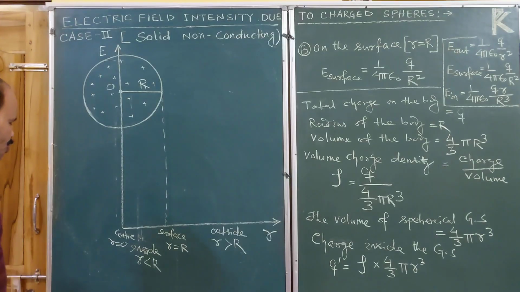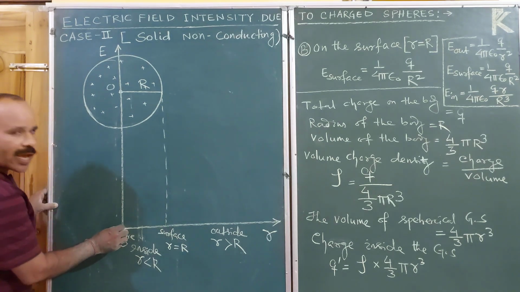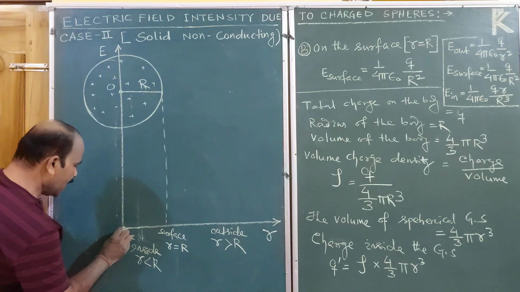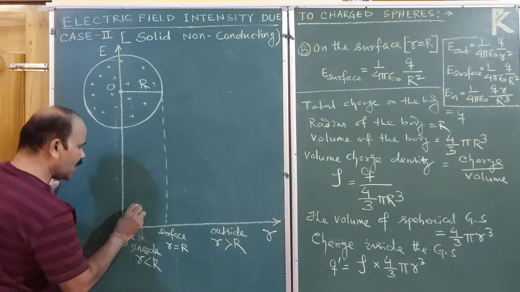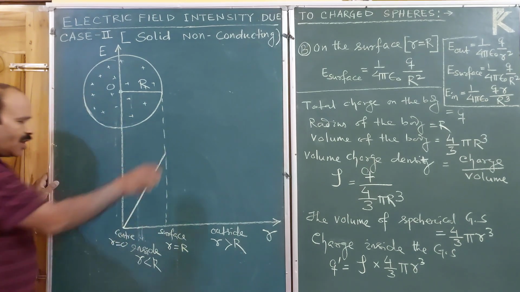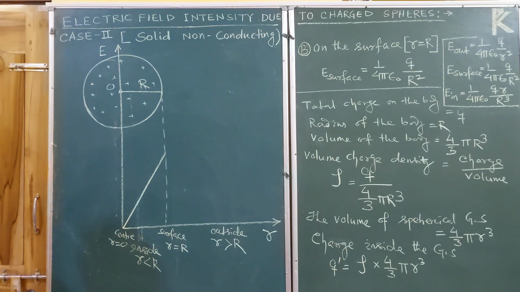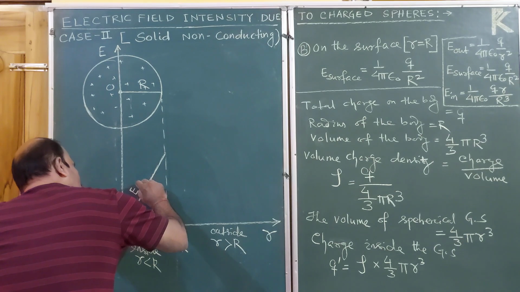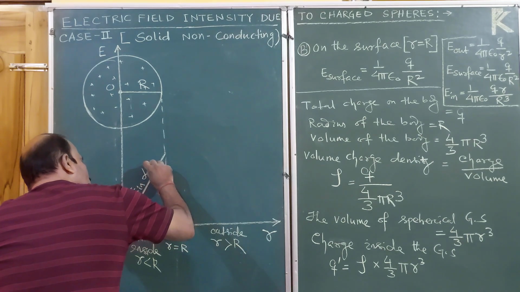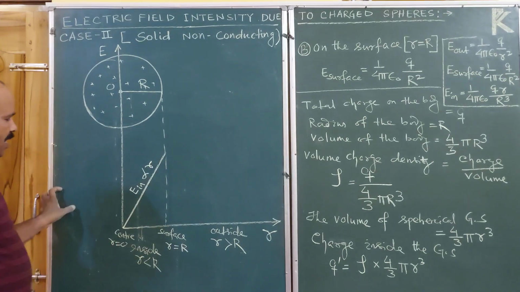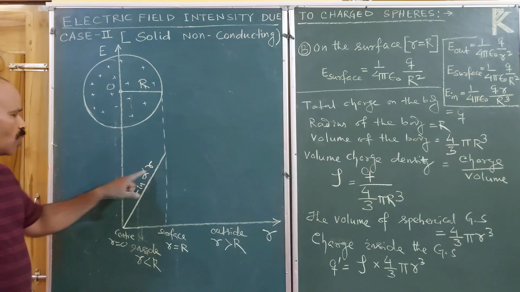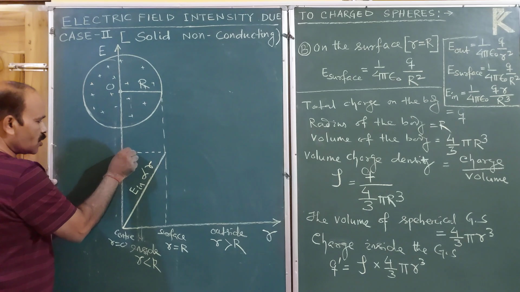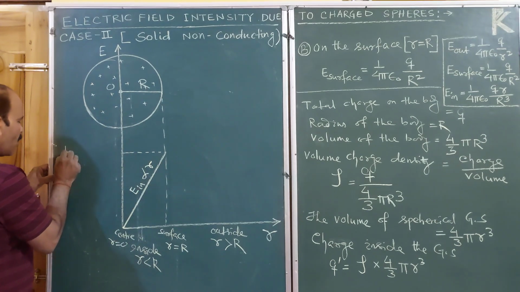Now you can watch. So center में 0 है, E center 0, and it increases linearly up to surface. So E inside is directly proportional to r. Very interesting case. And just on the surface, it becomes maximum.